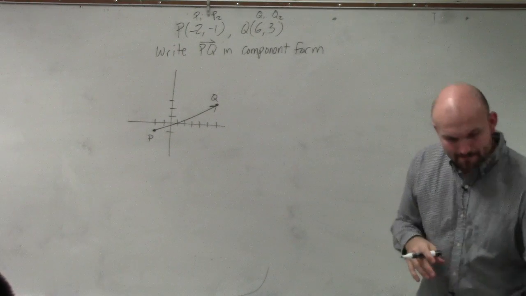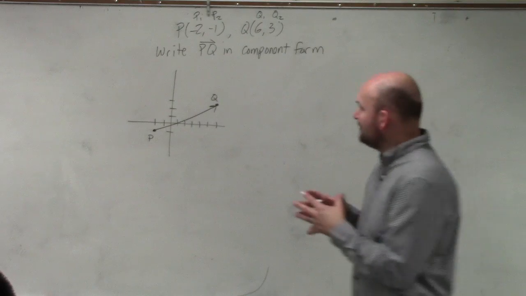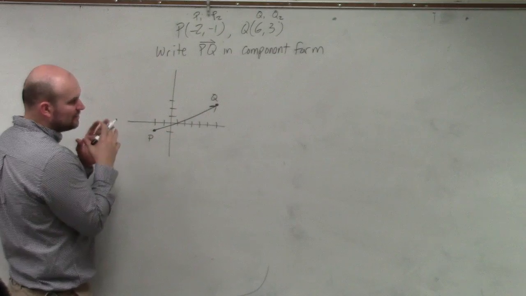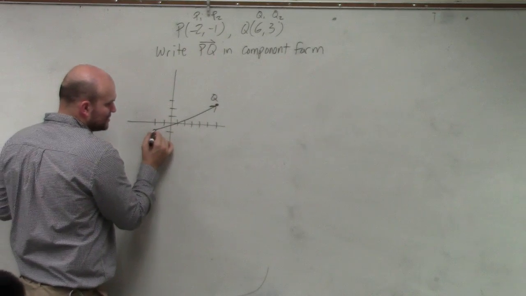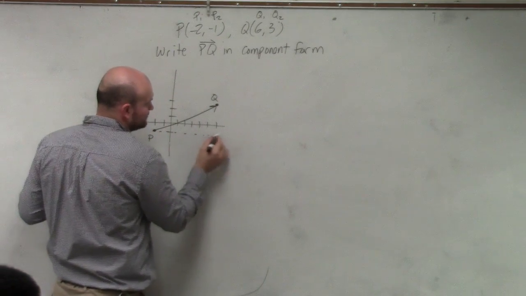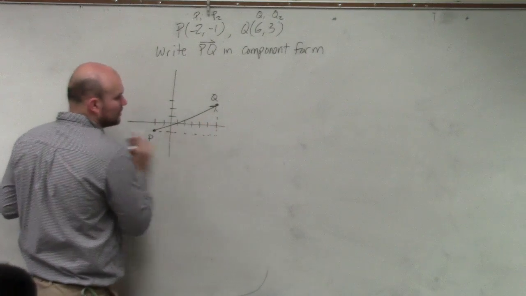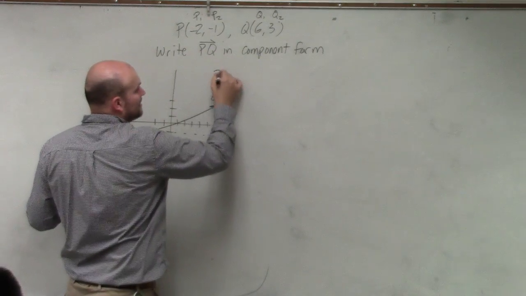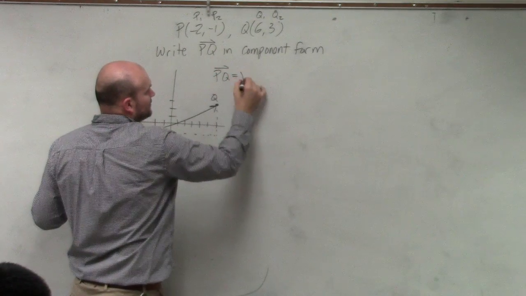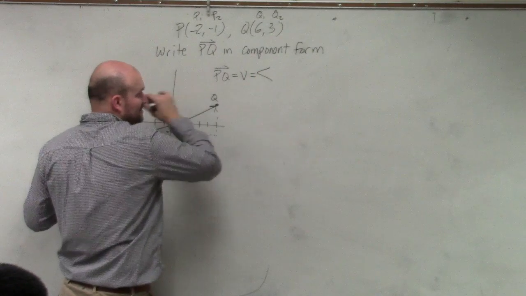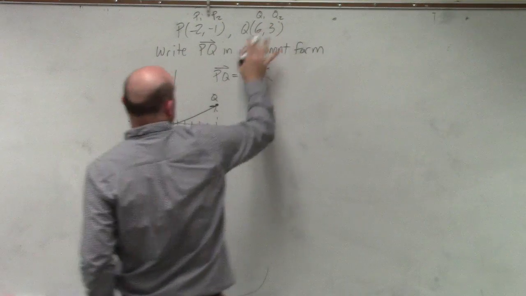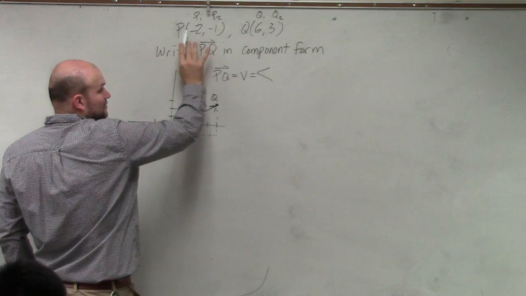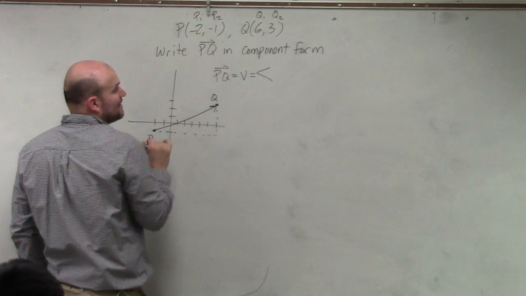What we want to do is find the general change in the x from P to Q, as well as the vertical change from P to Q. To write this in component form, I'm going to say PQ is equal to V, which is equal to the change in my x coordinates over the change in my y coordinates.